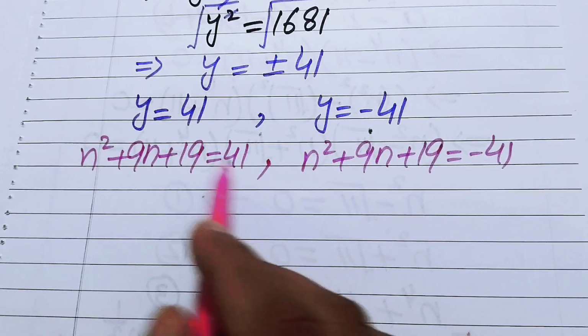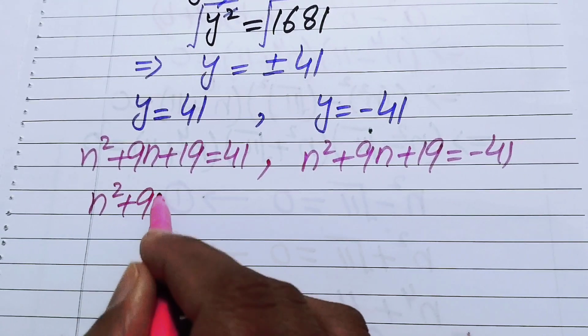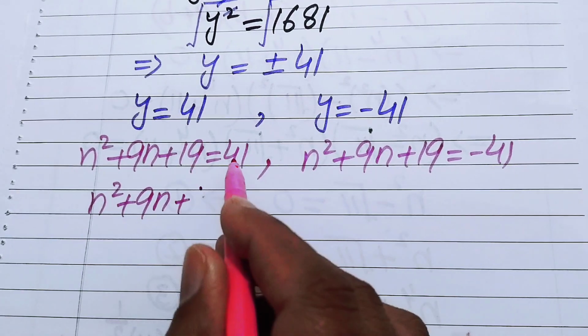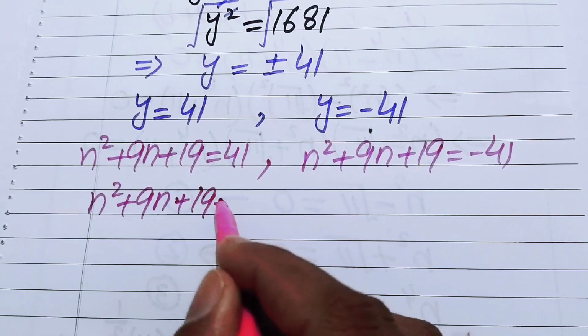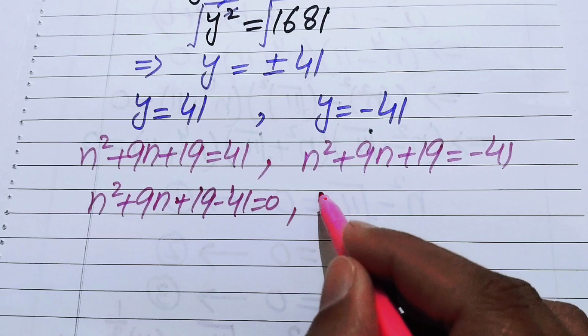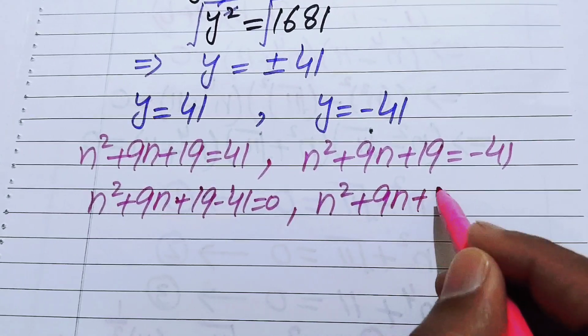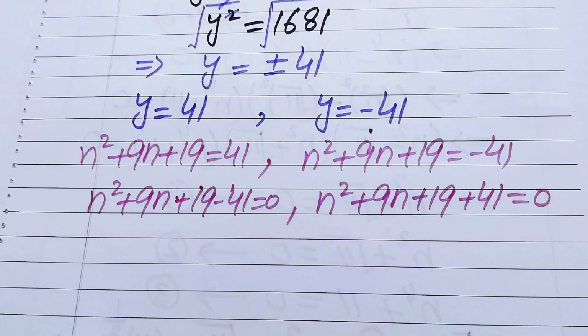First we move this 41 to the left hand side, and you get n squared plus 9n plus 19 minus 41 equals 0, and similarly in the other case you have n squared plus 9n plus 19 plus 41 equals 0.